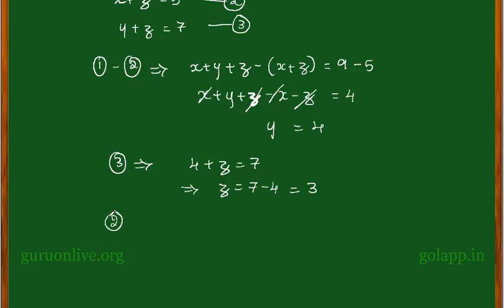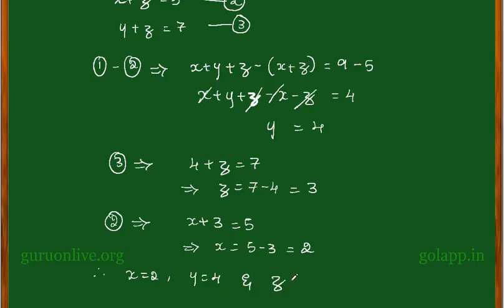That is, equation 2 implies x plus z, which is 3, is equal to 5. So this can be written as x is equal to 5 minus 3. I am shifting 3 to the RHS. So I get 5 minus 3 as 2. Therefore, for the third equation, x is equal to 2, y is equal to 4, and z is equal to 3.